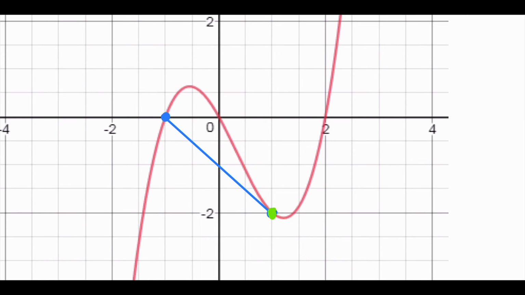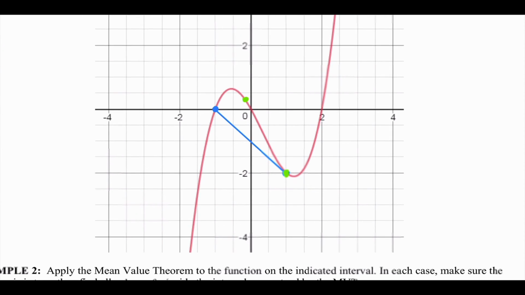That's true. And at negative 1/3, which is right about here, if I were to find the slope of that tangent line, it would be parallel to the blue line. That's what it tells us. Where in between the 2 points are you actually going to have the same slope as the average rate of change? That's what the mean value theorem says.